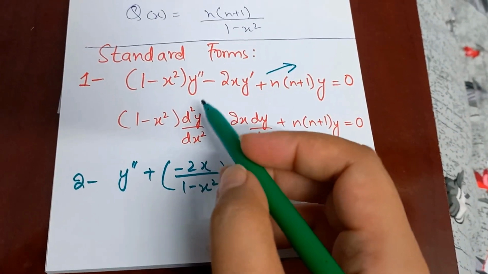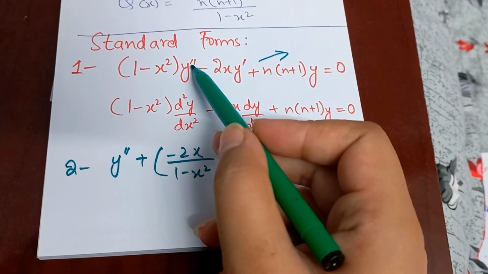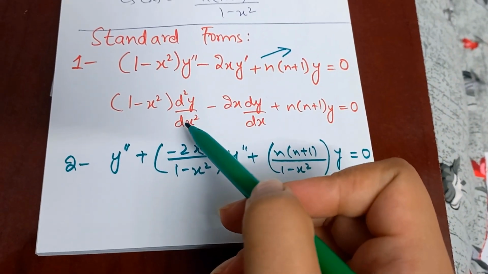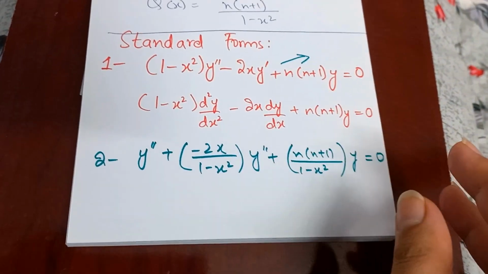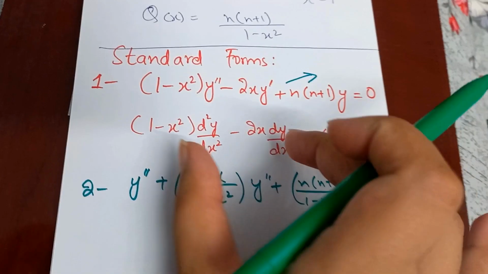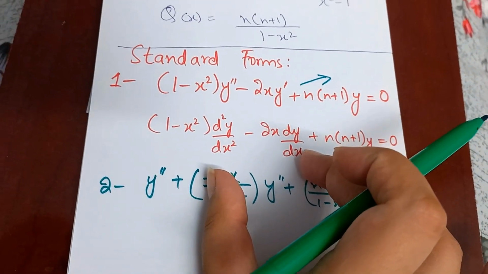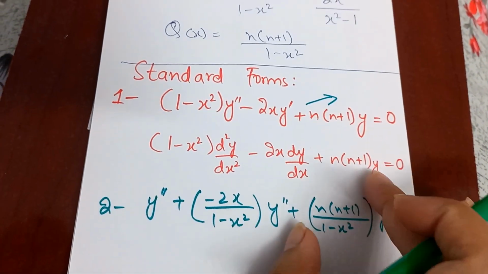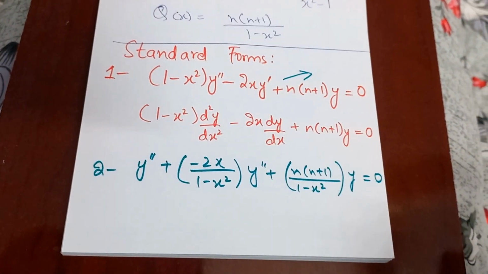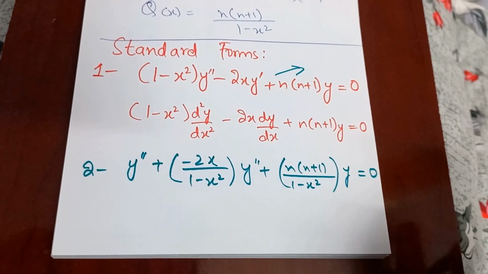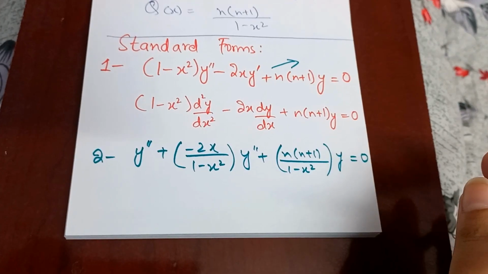Here I have just replaced the primed notation with the actual derivative notation. It's totally up to you, but sometimes what happens is that the equation is given in this form and you are not familiar with seeing equations in this form, so you get confused. You don't need to be confused. You have seen it now.